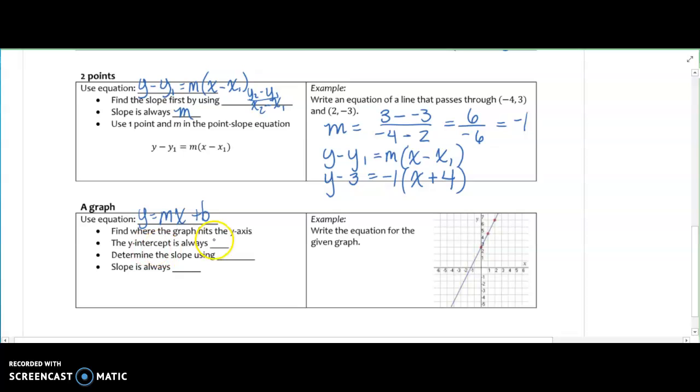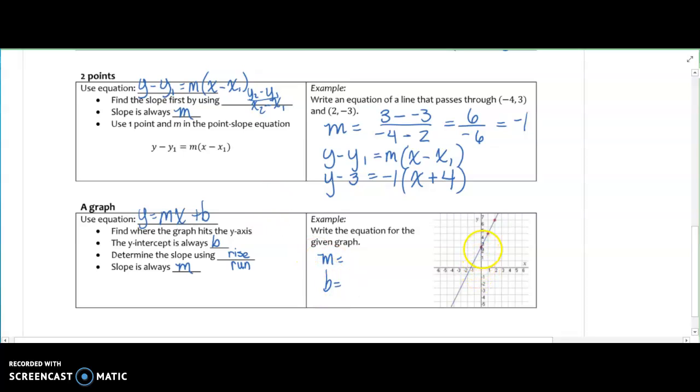The y-intercept is always your b. You can determine the slope using rise over run. And then you remember that slope is always represented with m. Okay? So I want to know what my m is, and I want to know what my b is.